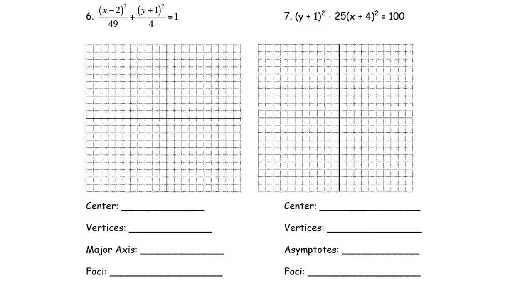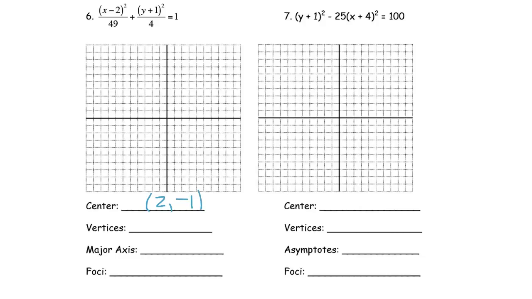And so for our next set of problems, it looks like we're already in our standard form. Whenever you go to pick out that center, we can use our calculators if we need to. Our center is going to be positive 2 and negative 1.